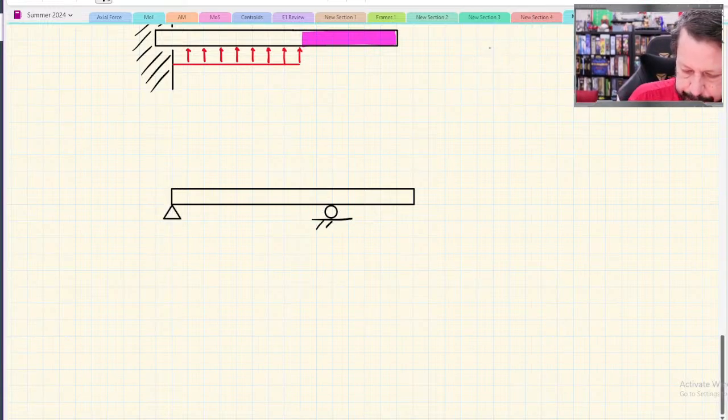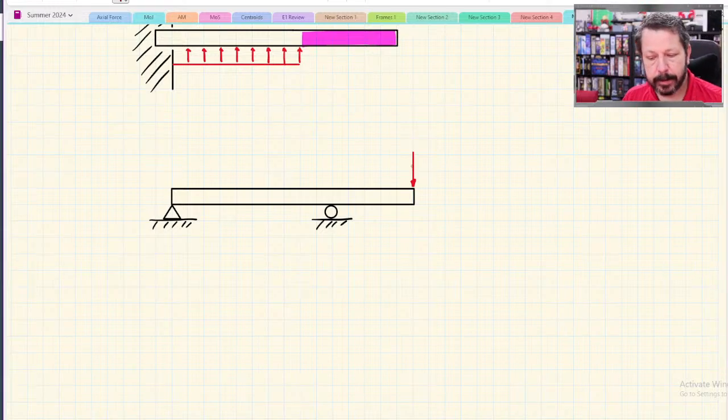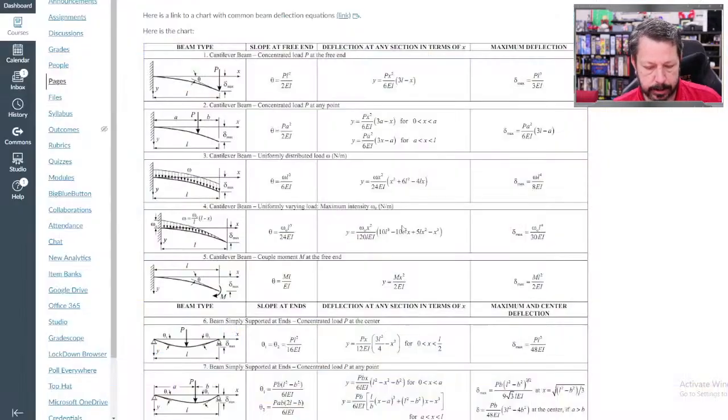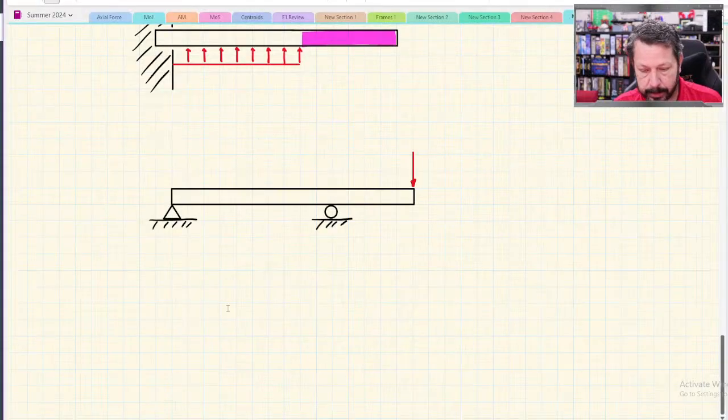Something like that. And we had a point load over here. So what we did with that one was, none of our equations for simply supported beams give us a piece of the beam that's cantilevered. So we don't have that. But we do have this case number 9 with a concentrated moment.